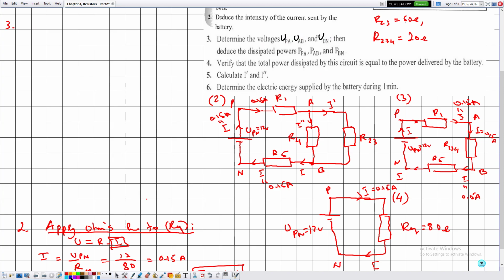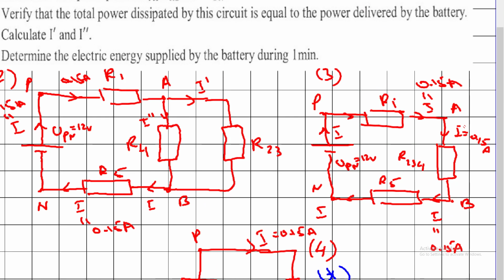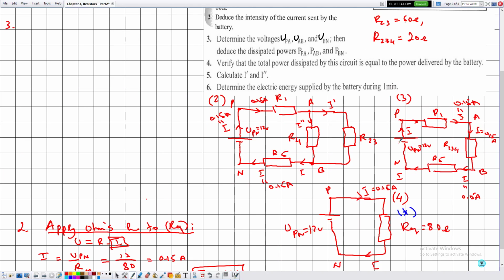So because we are done with the circuit, we will mark it in blue, which means that we will refer to number 3. So notice that in this case, we know the resistances R1, R234, R5, all of them traversed by the respective current 0.15 amperes. Then we can determine using Ohm's law the voltages UPA, UAB, and UBN, and if we add them, they must sum up to 12 volts.